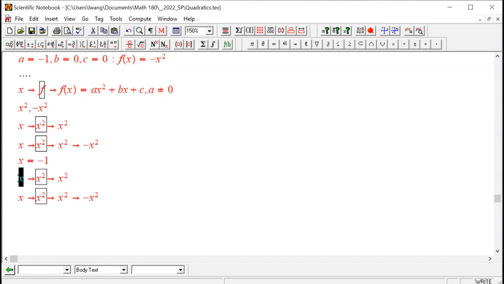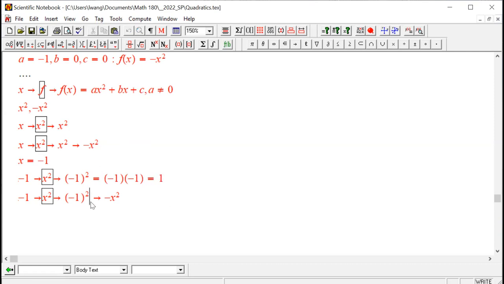Input -1, and in this case, -1 squared is -1 times -1, which equals +1.